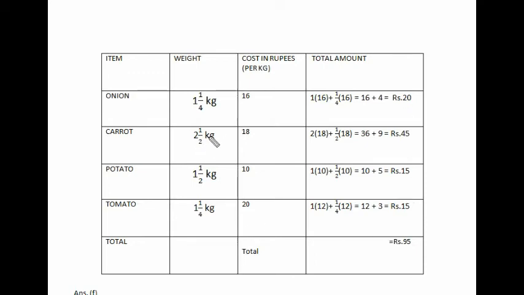Cost of 2.5 kg carrot is equal to rupees 45. Cost of 1.5 kg potato is equal to rupees 15. And cost of 1 and 1/4 kg of tomato is equal to rupees 15. So if we add 20 plus 45 plus 15 plus 15, we will get rupees 95. So this is the total money I will have to pay.